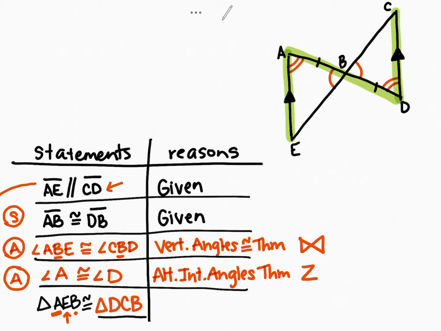Angle other B. A to E to B, I would need to go from D to C to B in order to trace out the same angles and the same side on this one too. And because I chose angle A and D, it looks like this formation is an angle side angle, since that side that's marked congruent is sitting right between those two angles that are marked congruent.